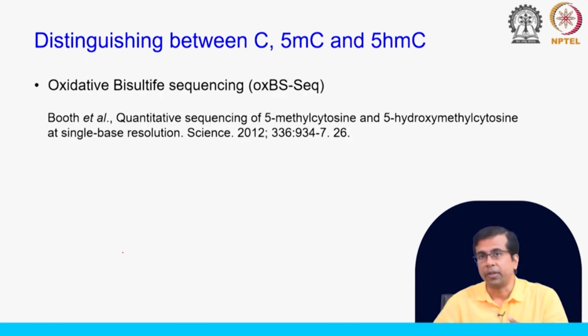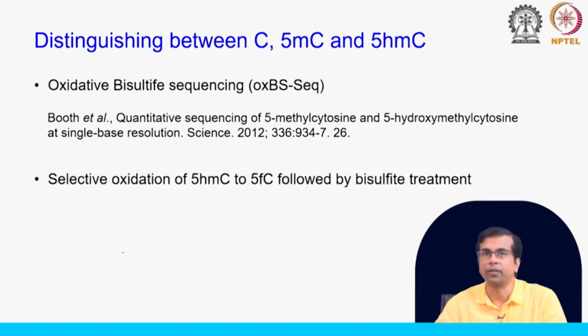There is another method, looking at a slightly different combination, called oxidative bisulfite sequencing, or OxBS-seq. It can also distinguish between 5-MC and 5-HMC. It relies on selective oxidation of 5-HMC to 5-fC followed by bisulfite treatment.